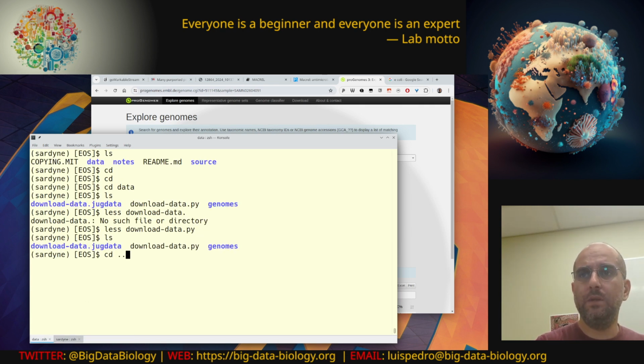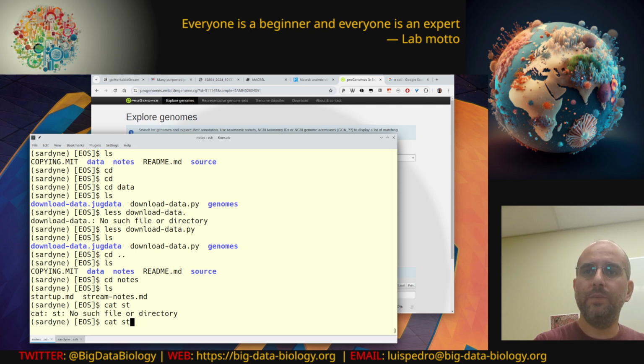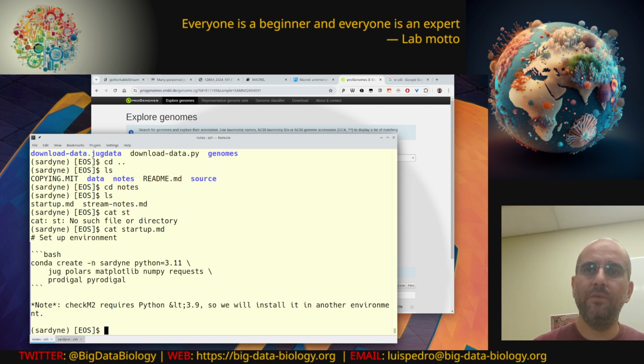So we created a README file, added some notes to start up, created an environment, added just a bunch of things we're probably going to need. Checkm2 requires an older version of Python, so we will install it in another environment. So that's all problems for next week.